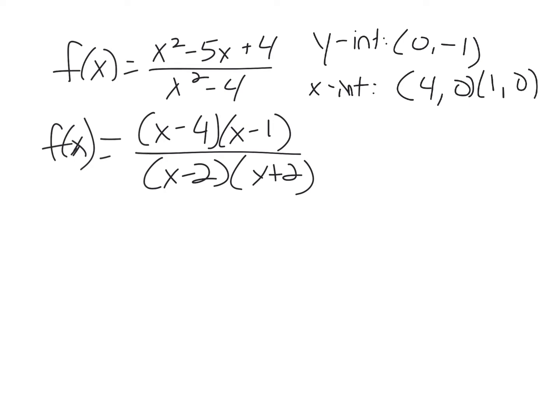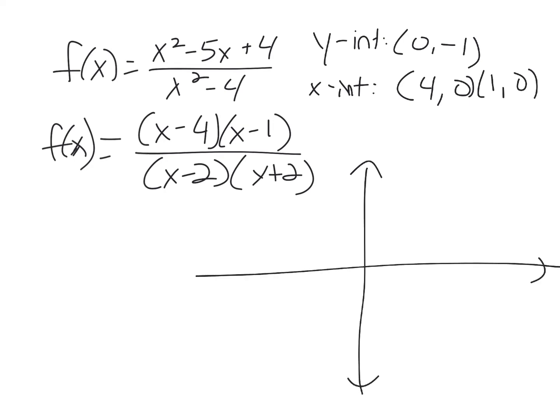Now let's talk asymptotes. So values that make the denominator 0 are going to be your vertical asymptotes, right? So that's 2 and negative 2. Right? And then label them x equal to 2, x equal to negative 2.